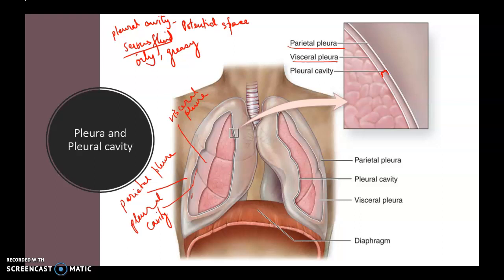Imagine, had this fluid been watery, these two layers would stick to each other. We don't want that. We want these layers to slide against each other, and that's why the serous fluid found in the pleural cavity has a very greasy, oily texture that prevents friction. All right.